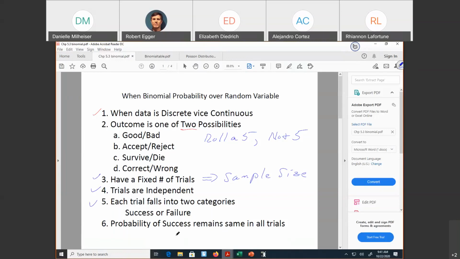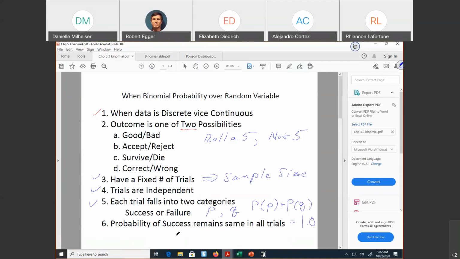Each trial falls in 2 categories, either success or failure, basically P and Q. And of course, the probability of P, success, plus the probability of Q, failure, has to add up to 1.